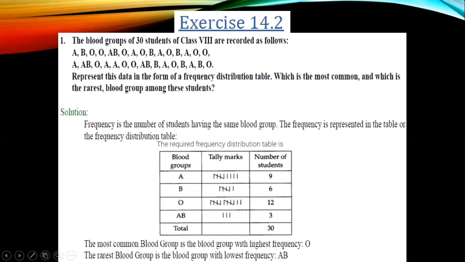And as you can see from the frequency distribution table, the blood group with the lowest frequency is the blood group AB. Wasn't that simple? Yes. Indeed, this is what you have to do in the entire exercise, in all the 9 sums of exercise 14.2, making frequency distribution tables using tally marks.